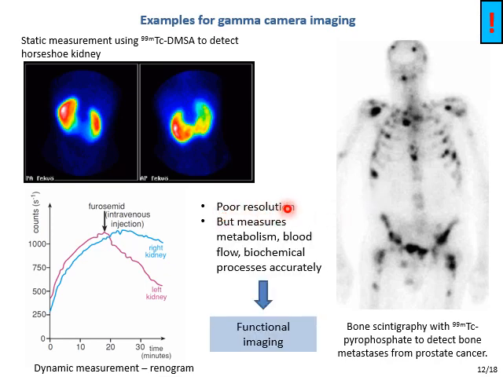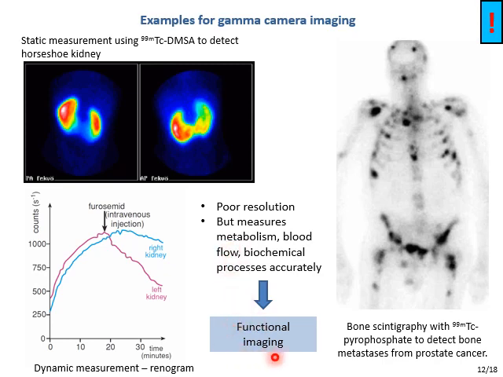So it's a fact that the spatial resolution of the gamma camera images is actually poor. But when producing gamma camera images, we are not really interested in the morphology or in the anatomical details of the organs, but we would like to measure the metabolism, the blood flow, different kinds of biochemical processes, and this can be quite accurately performed with gamma camera imaging.